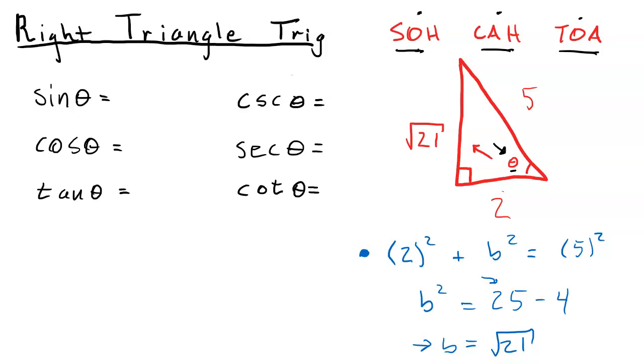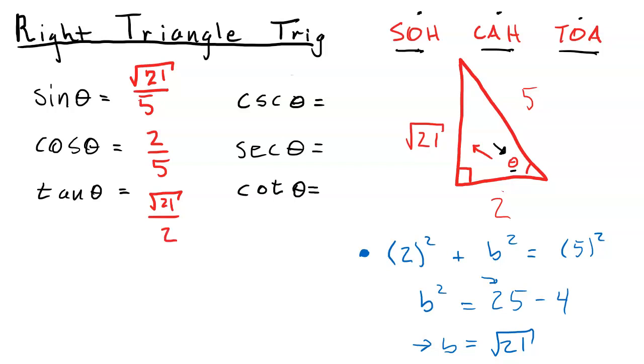So sine theta is going to be opposite over hypotenuse, which is square root of 21 over 5. Cosine is adjacent over hypotenuse, so that's going to be 2 over 5. And tangent is going to be square root of 21 over 2.